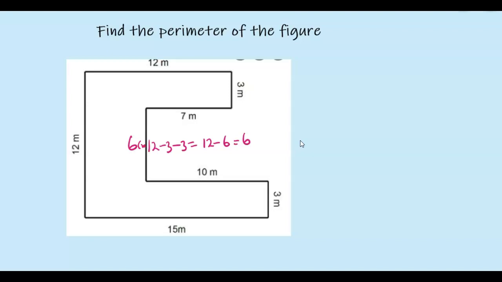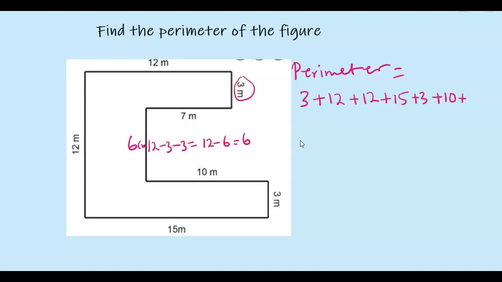Okay, now our perimeter is going to be, we are starting from here, so it's going to be 3 plus 12 plus 12 plus 15 plus 3 plus 10 plus 6 plus 7.